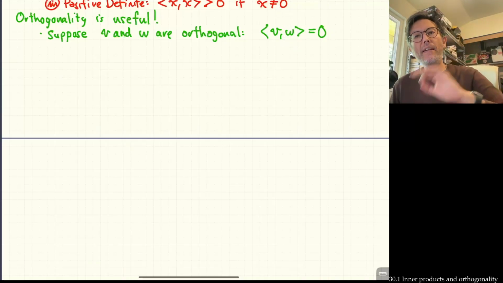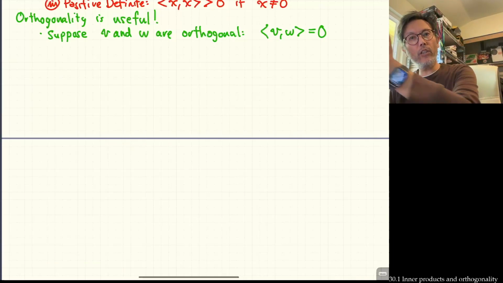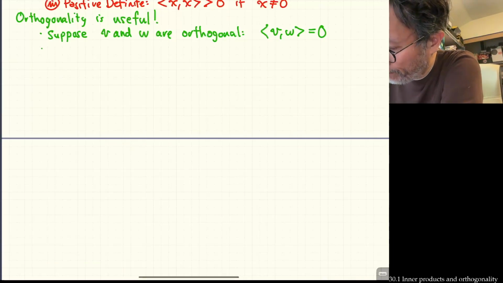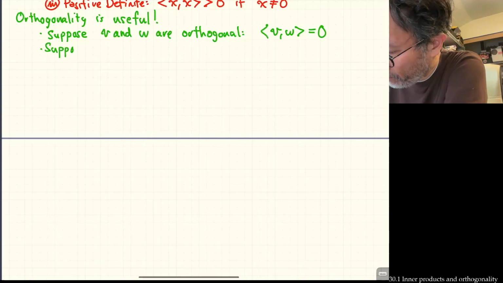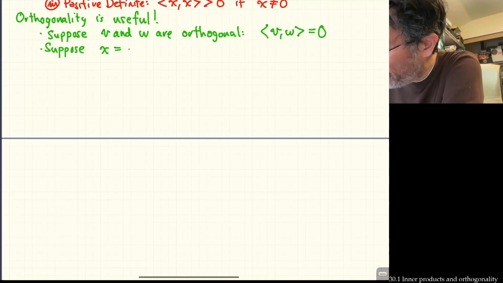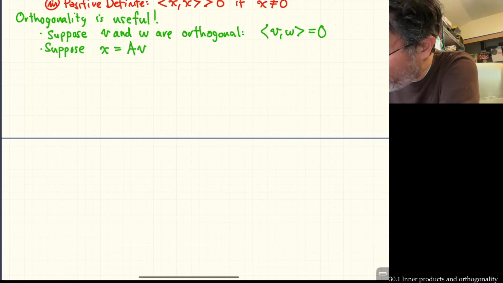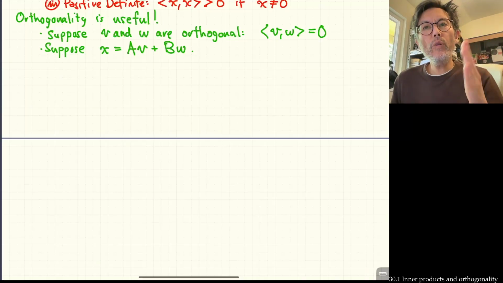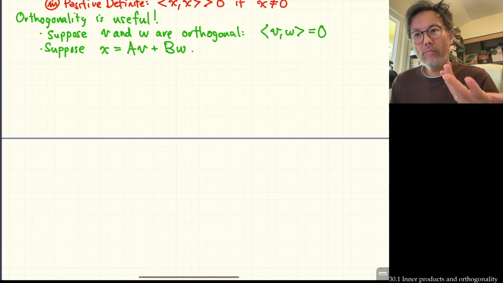All right, and now suppose that we can write x as a linear combination, aka a superposition, of v and w. Let's say it's, I don't know, a times v plus b times w. Can we find a and b?